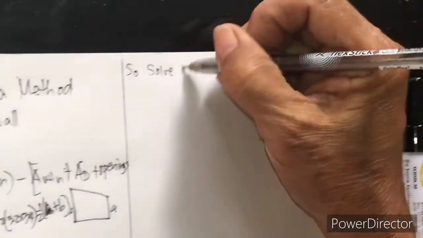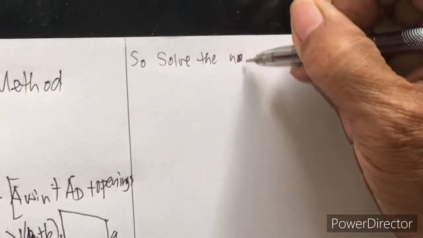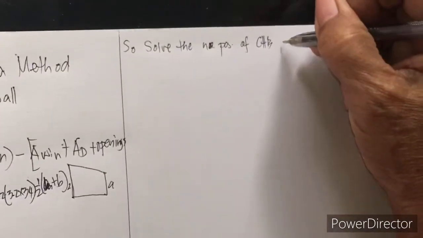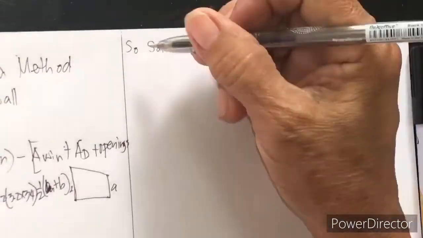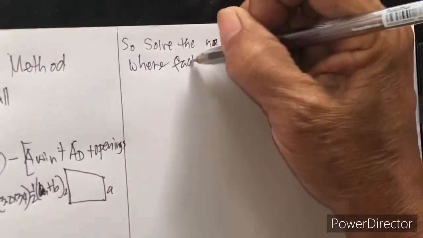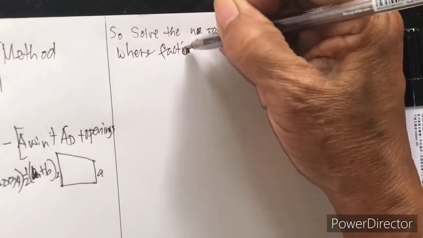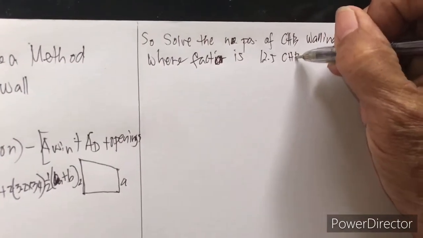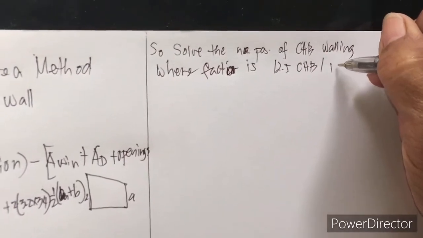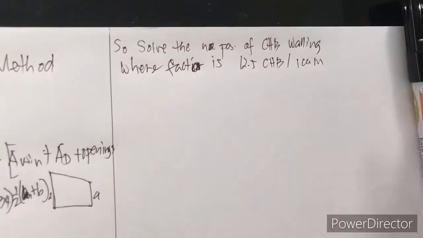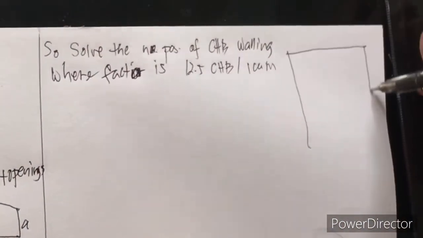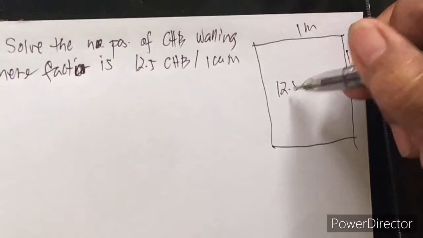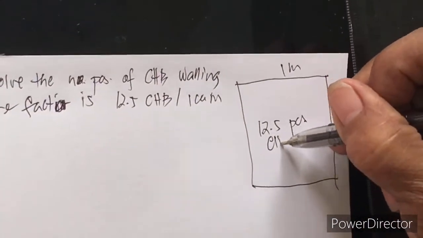Now solve the number of pieces of CHB walling, where the factor is 12.5 CHB per square meter. It looks like this: 1 meter by 1 meter, 12.5 pieces of CHB for this block.